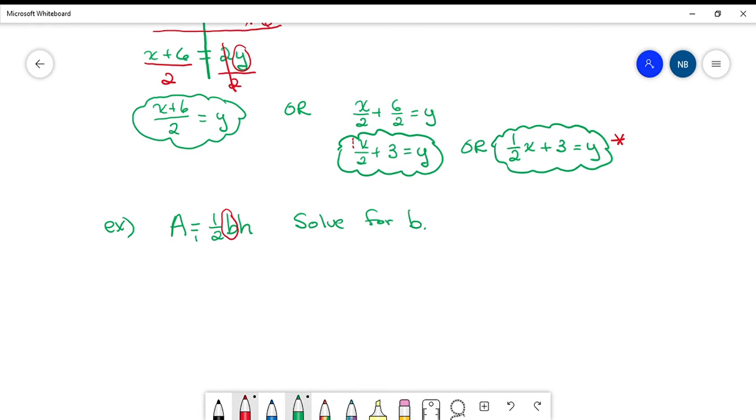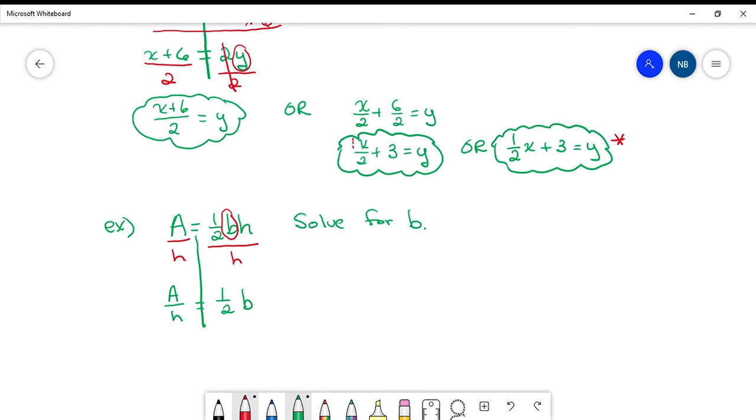I have to move both the 1/2 and the H. Moving the H is really easy. So since B is multiplied by H, I'm going to go ahead and divide both sides by H. So I have A over H equals 1/2 times B.